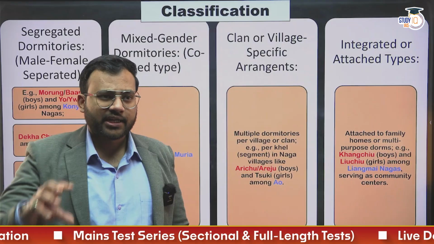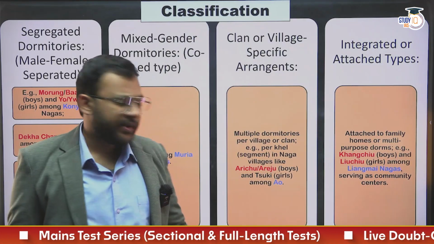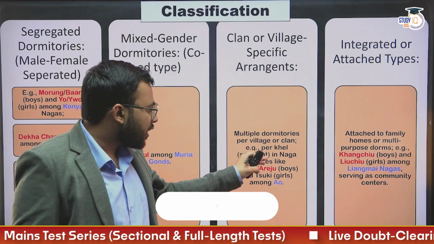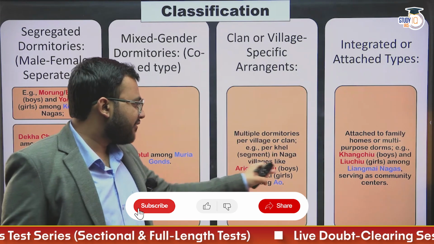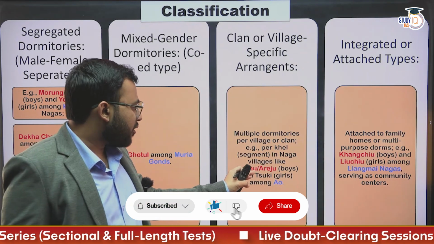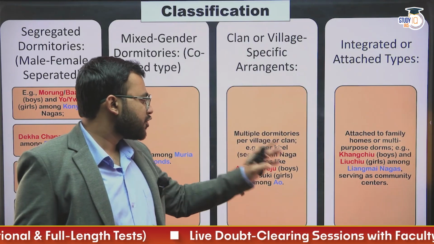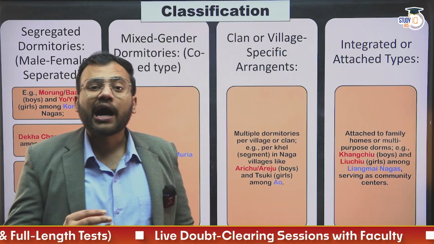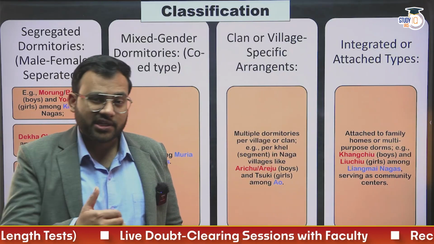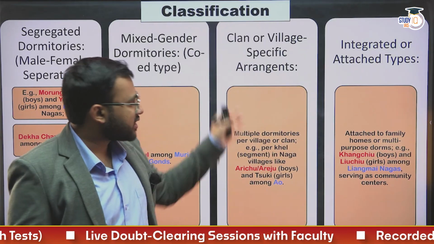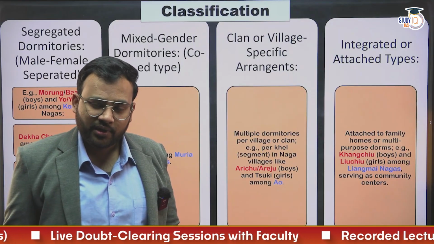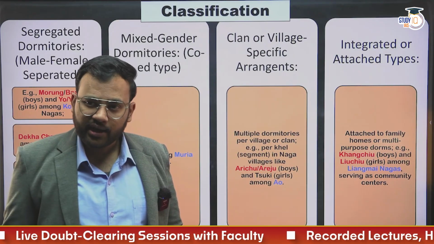Not a clan exactly, but each specific group is called a khel. So one of the khels among the Nagas has a youth dormitory. For boys, it is called Arizu, and for the girls, it is called Suki. This is seen among the Ao Nagas. Okay, we have discussed a lot of subgroups among the Nagas. So this arrangement is found among one of the subgroups of the Nagas.